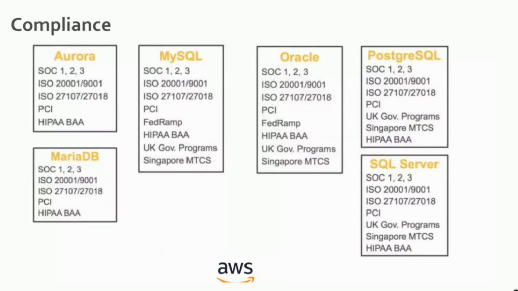Some of the compliance is managed or identified by the different storage database engines, like Aurora has this much compliance, MariaDB, MySQL, Oracle, Postgres, SQL Server. So we don't need to think about compliance as well.